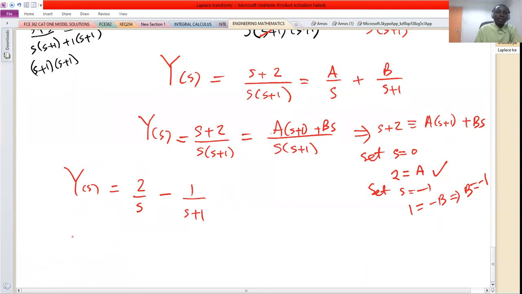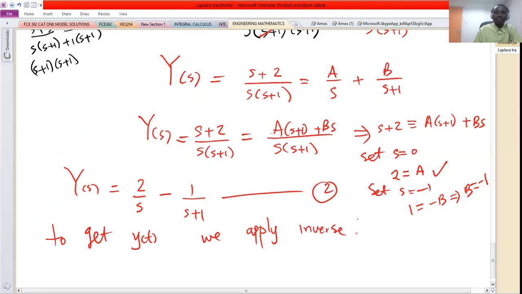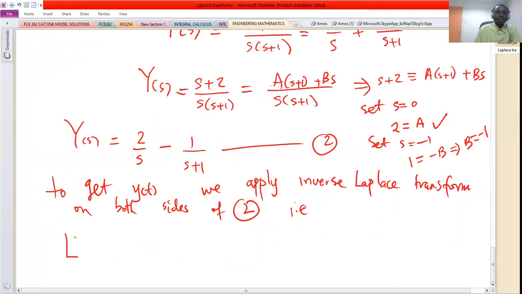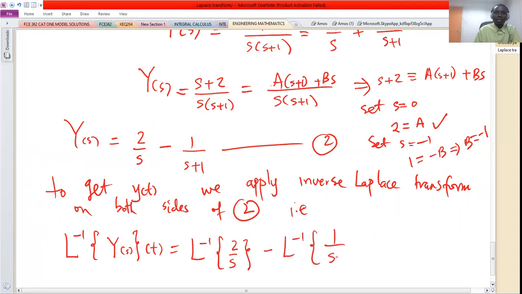And then therefore, to get y of t, let's call this one equation 2, we apply the inverse Laplace transform on both sides of 2. So you say the inverse Laplace transform of capital Y of s, which is a function of t, is the same as the inverse Laplace transform of 2 over s minus the inverse Laplace transform of 1 over s plus 1.